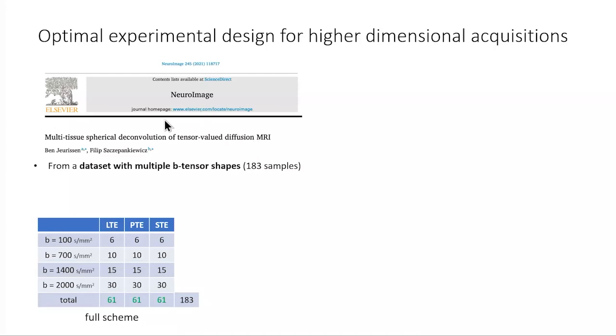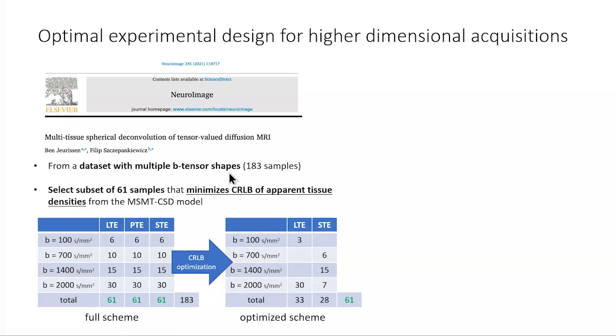So we started from a data set with multiple B-tensor shapes consisting of 183 samples in total, which contained linear tensor encoding, planar tensor encoding, and spherical tensor encoding. And from that, we then selected the optimal subset of 61 samples that minimizes the variance of the apparent tissue densities in this model.